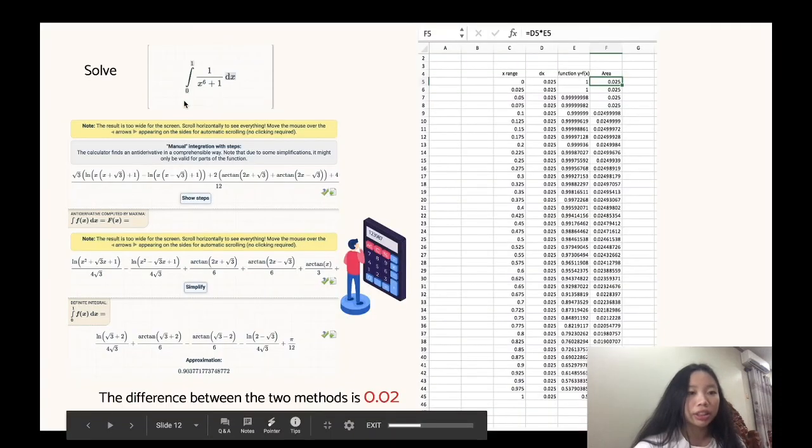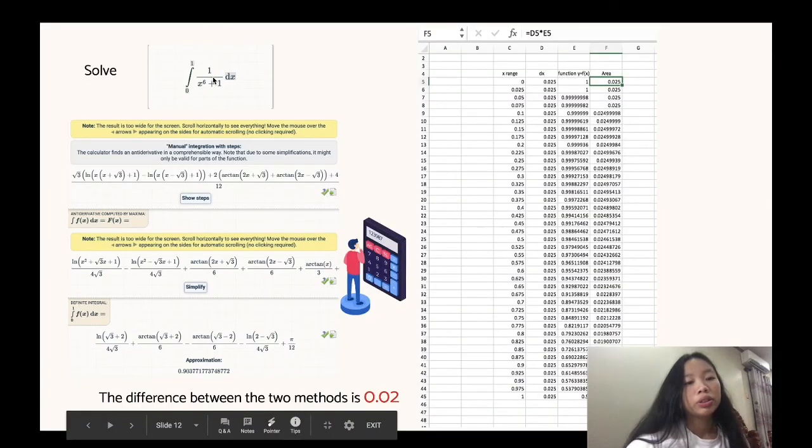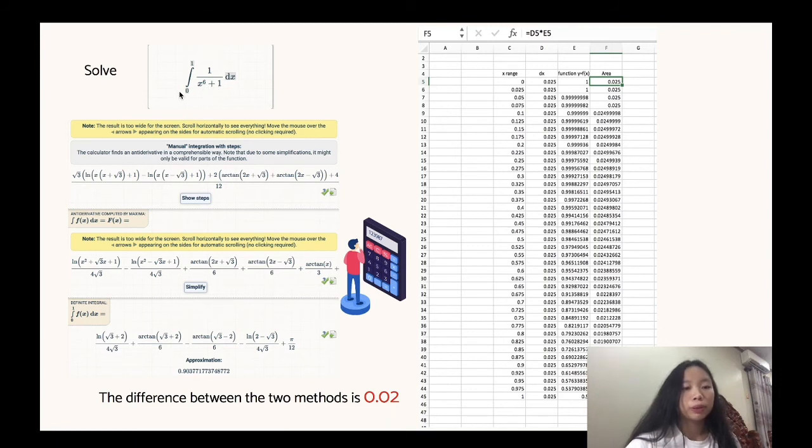Solve the integral of 1 divided by x to the power of 6 plus 1 between 0 and 1. So even though we use a calculator, the solution contains many steps, and it is very long and advanced. And if you don't remember the formula, this one is a very hard integral problem.